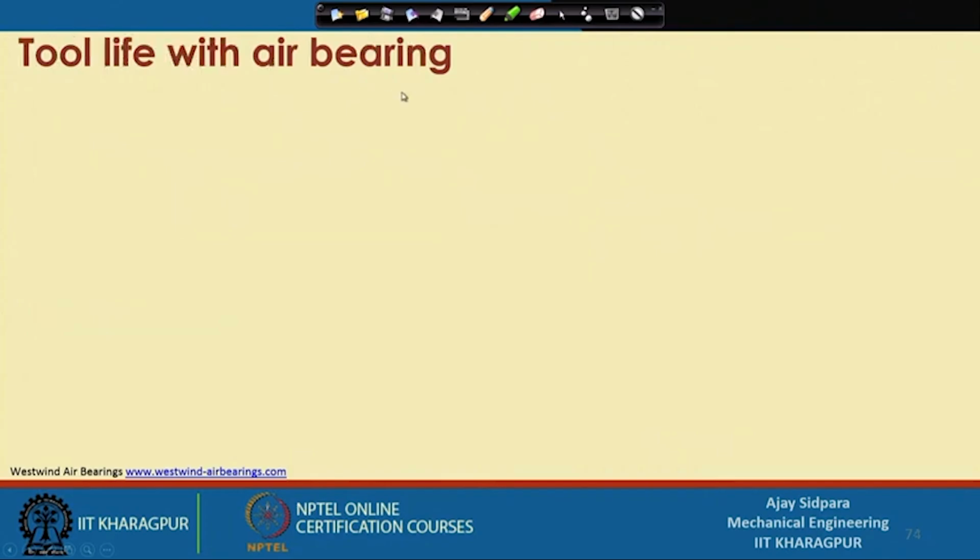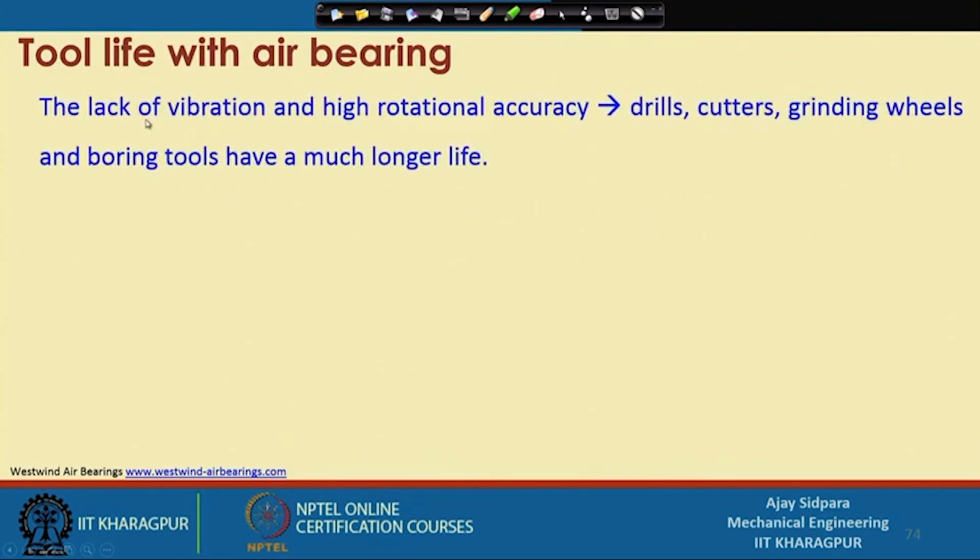Tool life with the air bearing. How will it affect the tool life? Lack of vibration and high rotational accuracy mean drill cutters, grinding wheels and boring tools have a much longer life. Now, what is the advantage of this? We know that if there is a vibration, suppose this is your initial condition of the tool, and consider your tool holder, it is holding the tool.